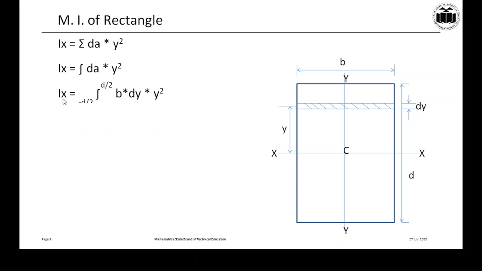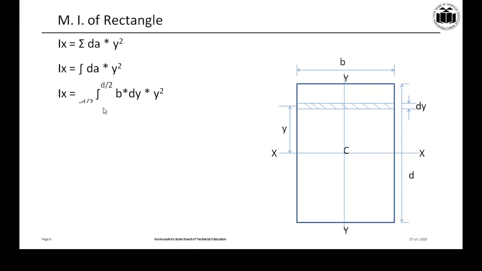So for this, Ix is equal to integral b into dy. This b into dy is the area dA of this elemental strip, b multiplied by dy, into y square, perpendicular distance from reference axis square. It shows lower limit and upper limit.